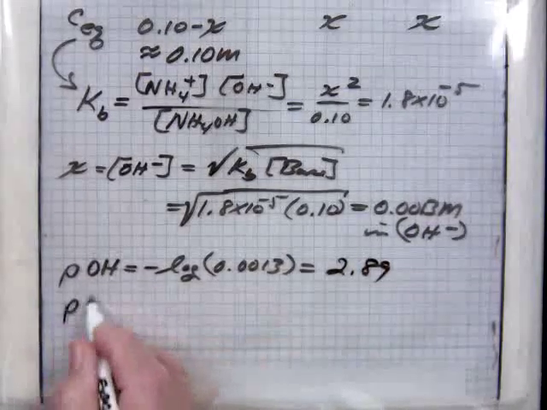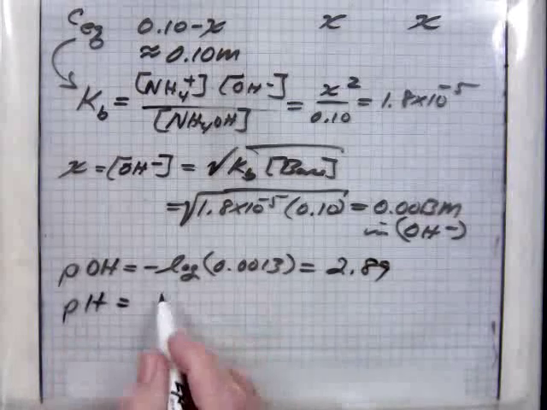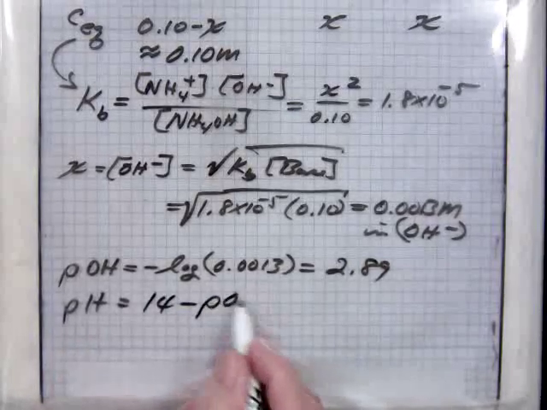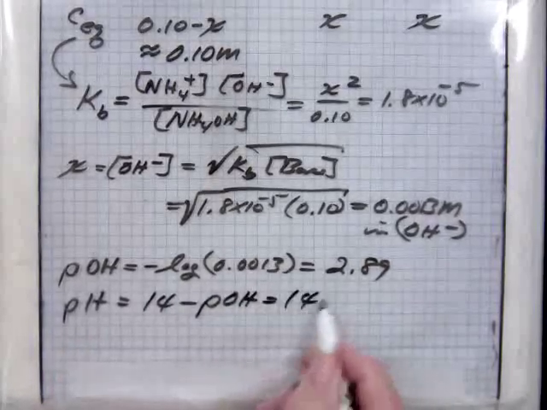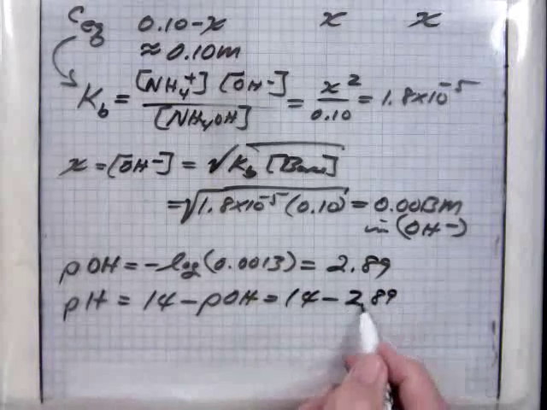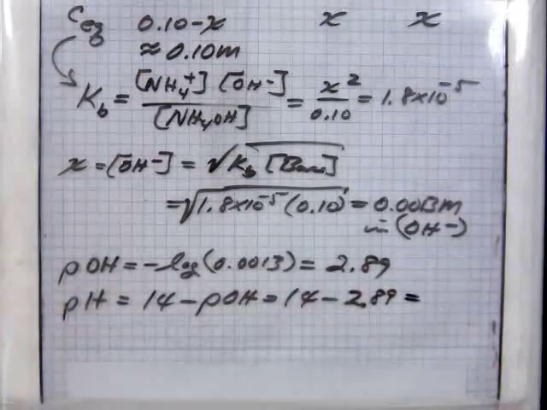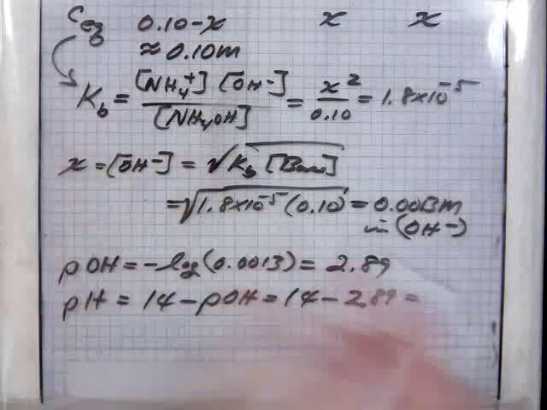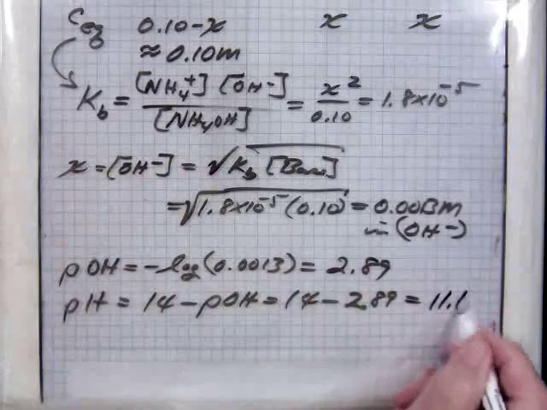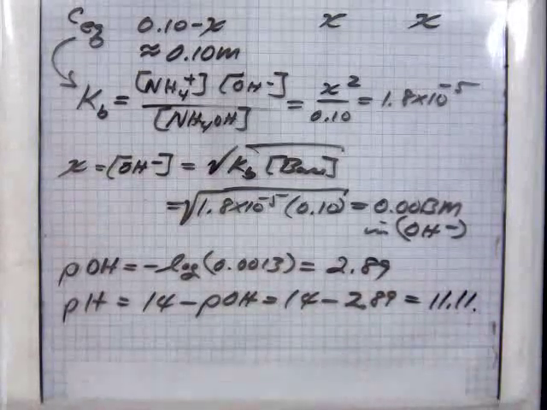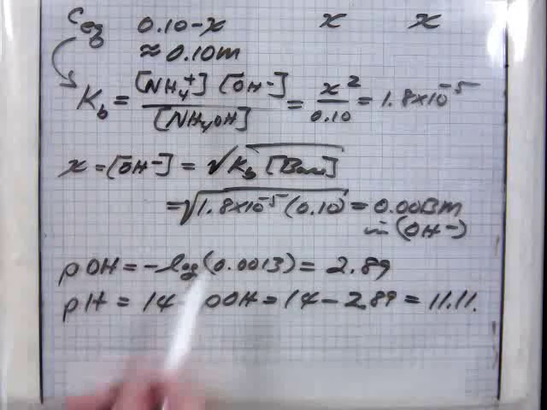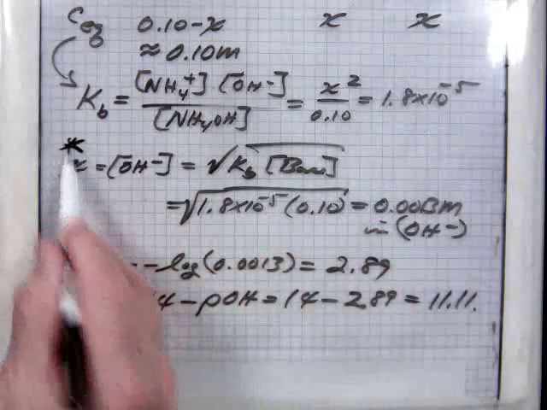And then your pH will follow as 14 minus pOH, 14 minus 2.89, 11.11. And so you quickly go through these using the square root formula for the first ionization.